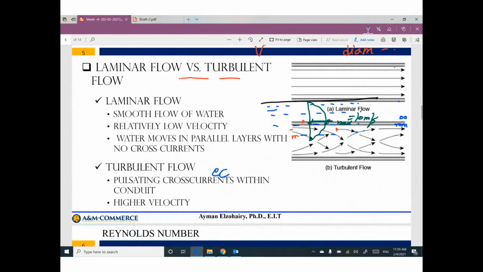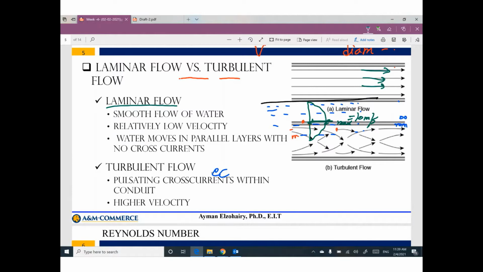We covered also last meeting that we have two main types of flow. The first one is called laminar flow, which is smooth flow. The velocity is relatively low, and water is moving in parallel layers, like this.